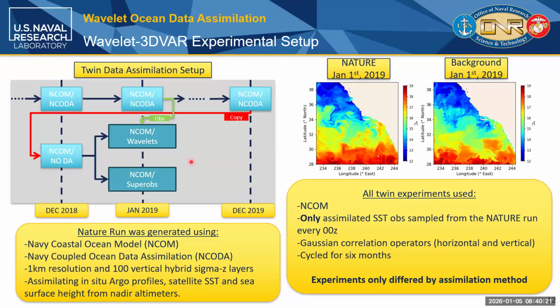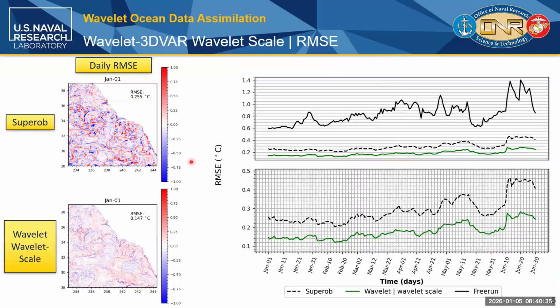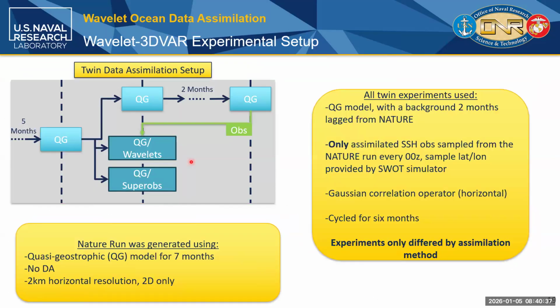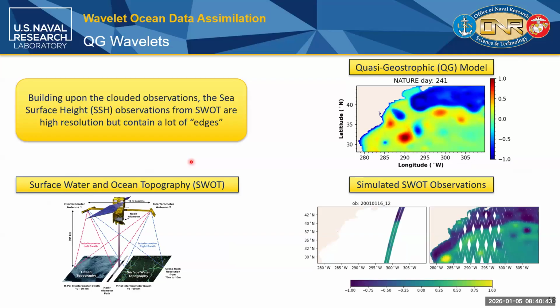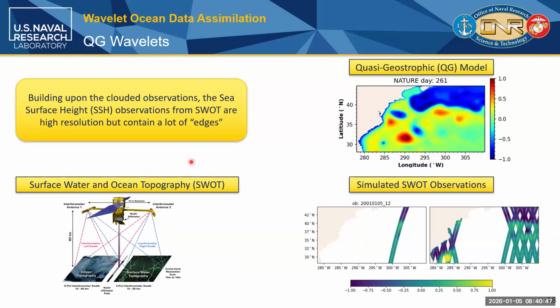I think the scariest thing that he's dealing with right now is that you are starting to do a 4DVar experiment with SWOT data. Yes. And the main reason for skipping NCOM for the SWOT data in this one and using the QG model is the 3D projection. The wavelet transform is a 2-dimensional transform. The way we usually do it operationally is to make those ISOP profiles, those synthetic temperature and salinity profiles.